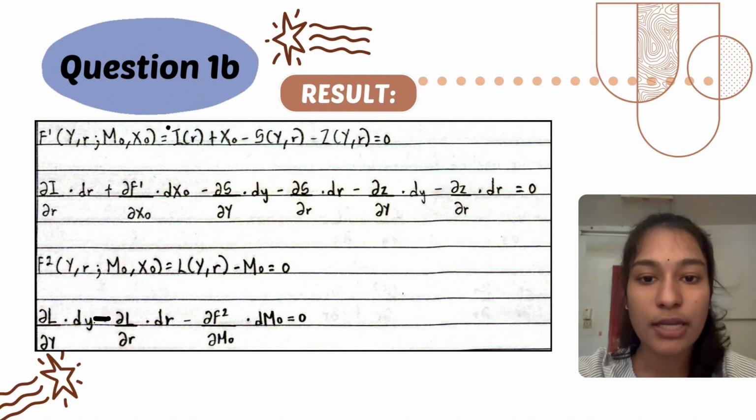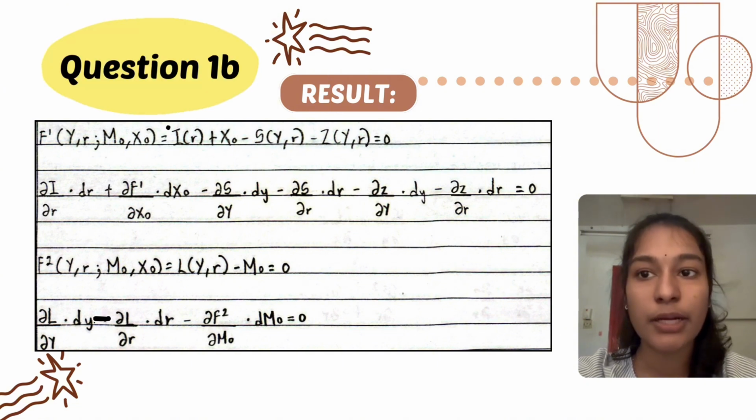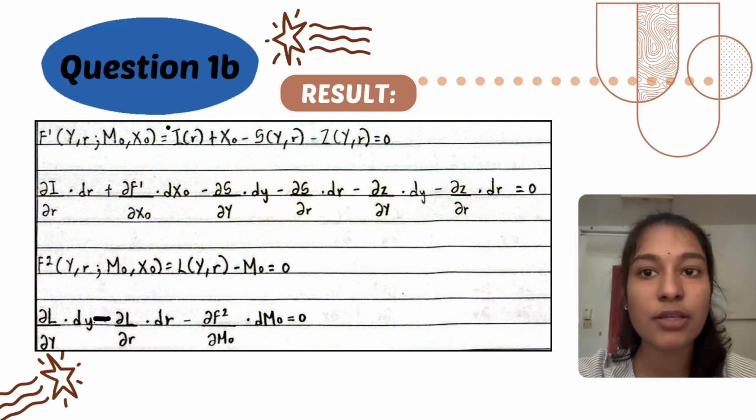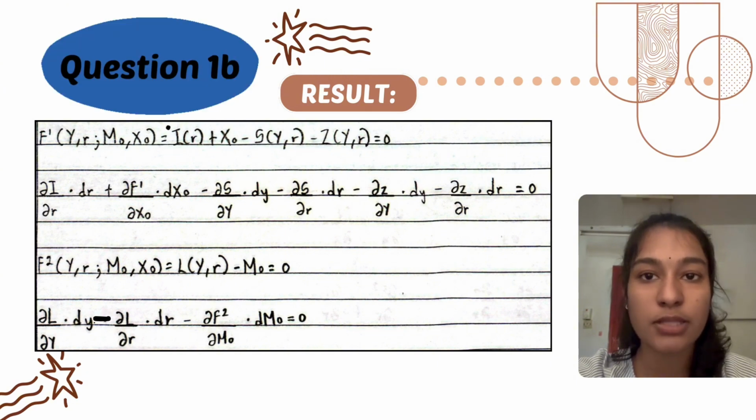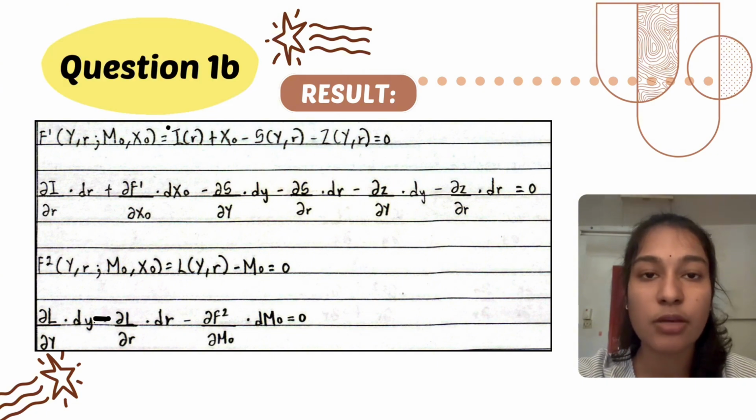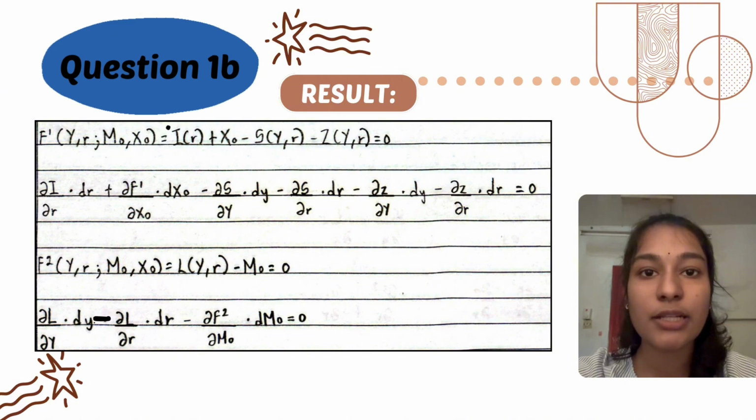So the result is ∂I divided by ∂r times dr plus ∂f1 divided by ∂xo times dxo minus ∂s divided by ∂y times dy minus ∂s divided by ∂r times dr minus ∂z divided by ∂y times dy and minus ∂z divided by ∂r times dr equals to 0.